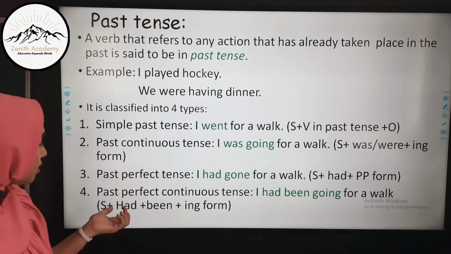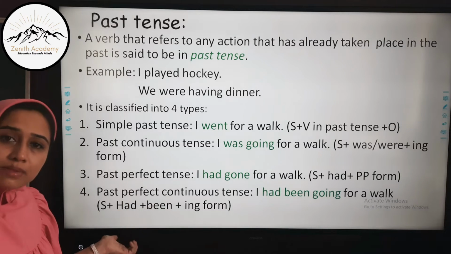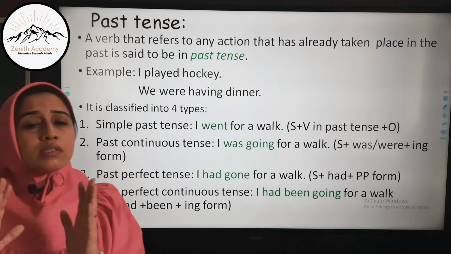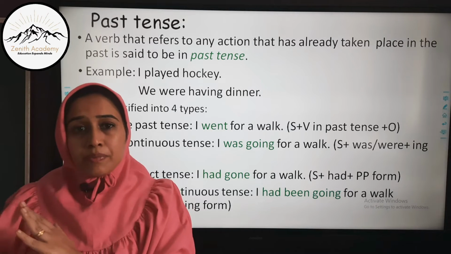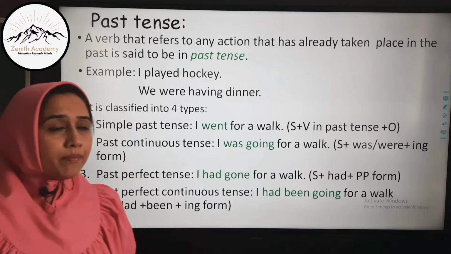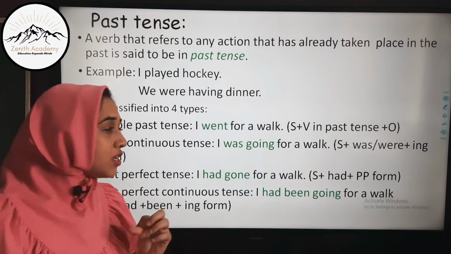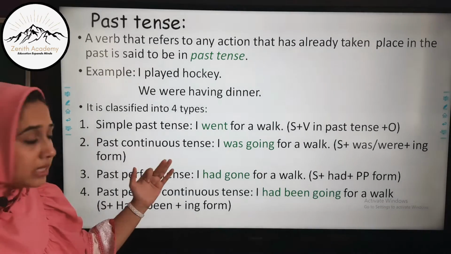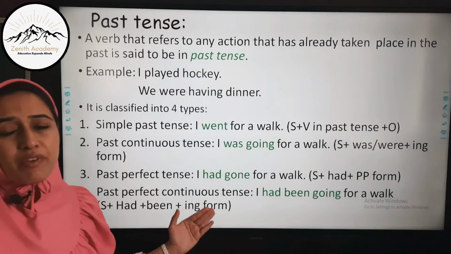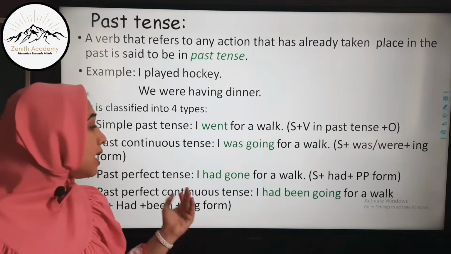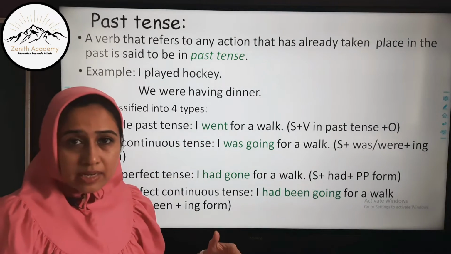In present tense it was "have"; in past tense it becomes "had," because it shows something in the past which is completed already. Also, one more small point of differentiation between past continuous and past perfect continuous, where most students get confused: both are in past tense.